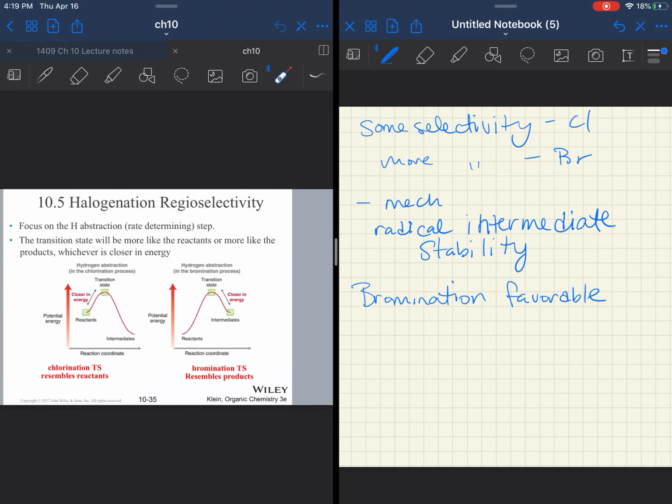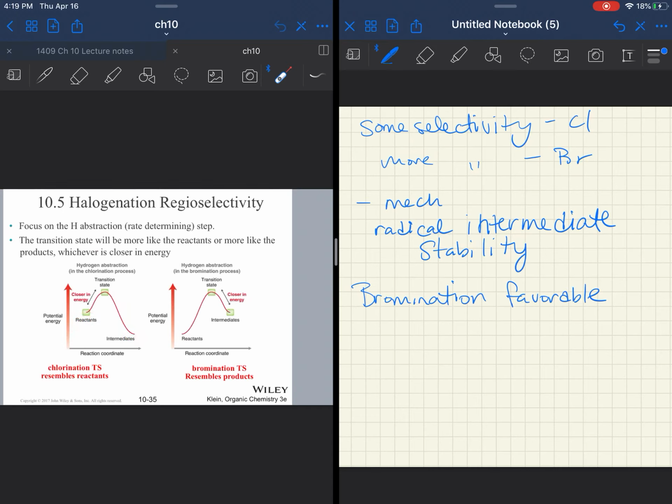It has to do with the Hammond postulate. That's come up here and there in Gen Chem and organic. All the Hammond postulate tells you is that the transition state is going to look more like whatever it's closer in energy to.